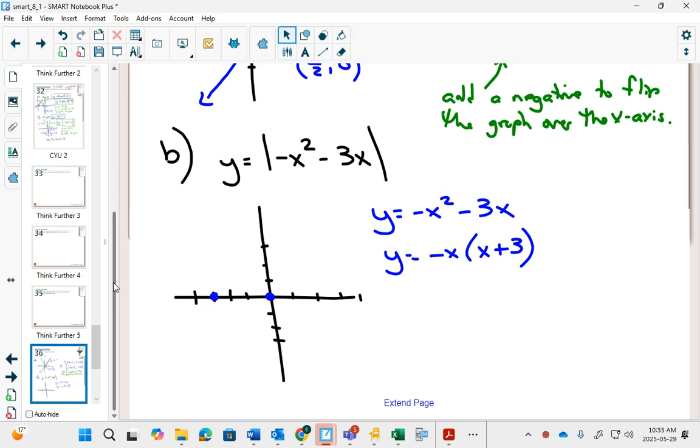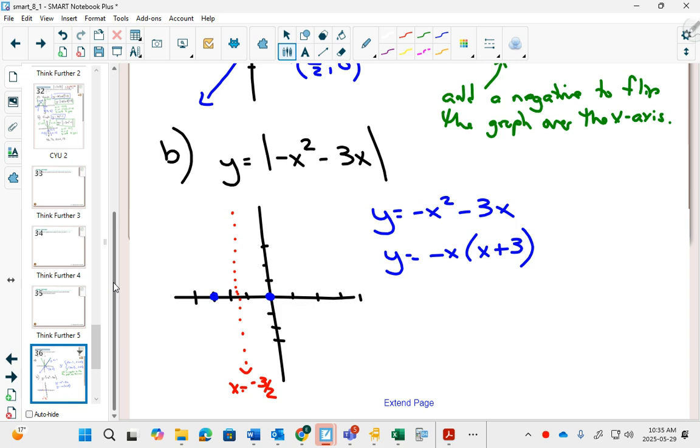I know that my parabola opens down. If those are my two x-intercepts, then my vertex and my axis of symmetry would be right here at x equals negative 3 over 2. And so I could plug in negative 1.5 into this equation and find my vertex.